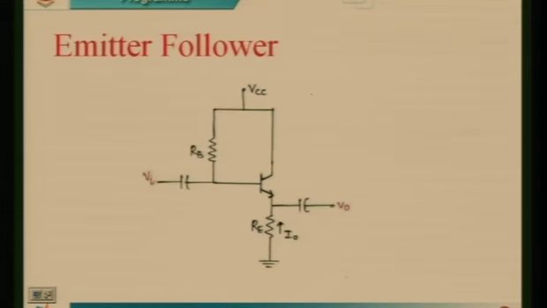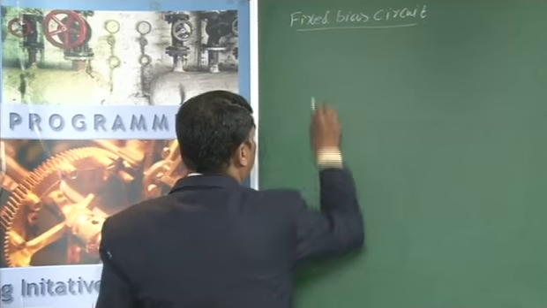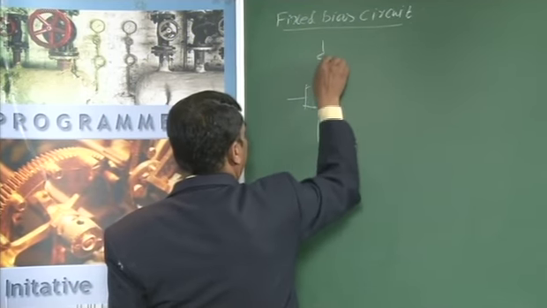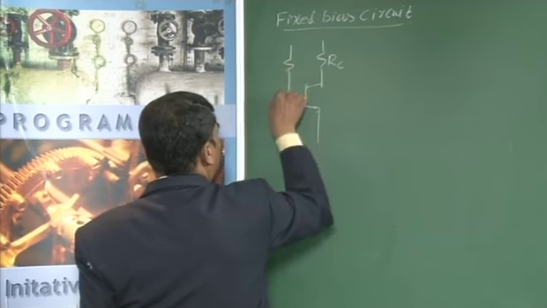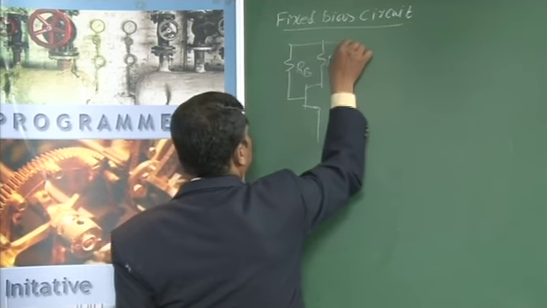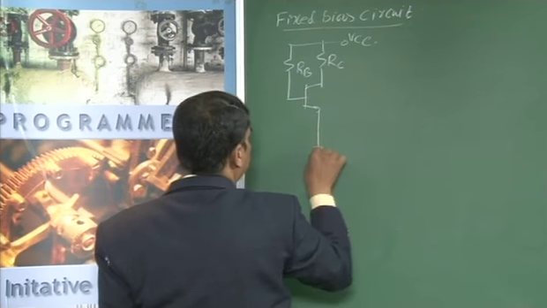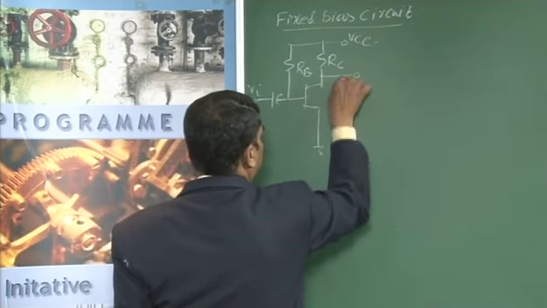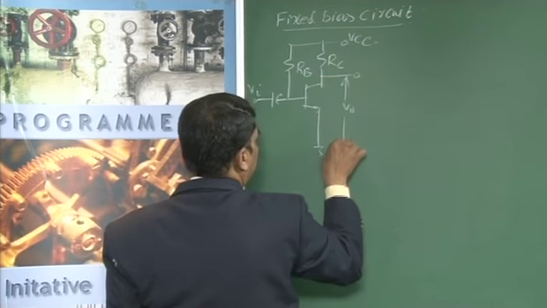In this transistor circuit diagram, this is RC and this is RB, VCC is connected, and this is grounded. Input is applied between this terminal and ground, and output is taken across the collector and emitter.